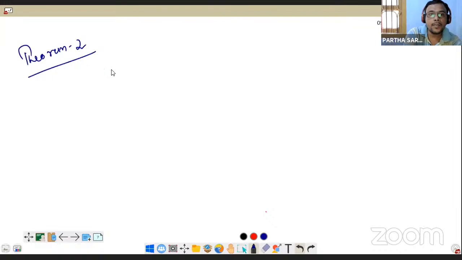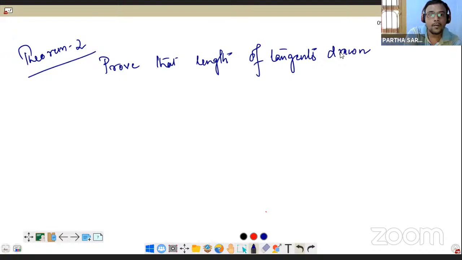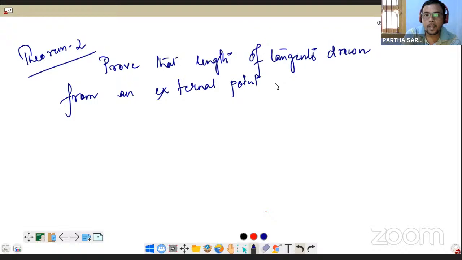Prove that length of tangents drawn from an external point to a circle are equal.